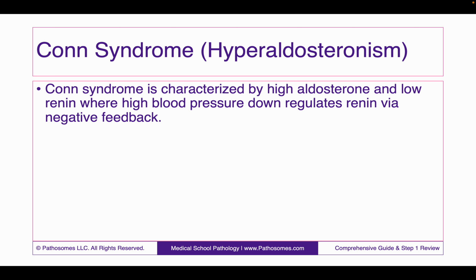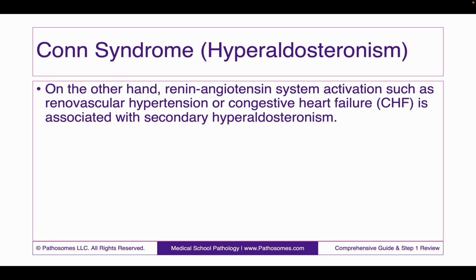Conn syndrome is characterized by high aldosterone and low renin, where high blood pressure downregulates renin via negative feedback. On the other hand, renin-angiotensin system activation, such as renovascular hypertension or congestive heart failure, is associated with secondary hyperaldosteronism.